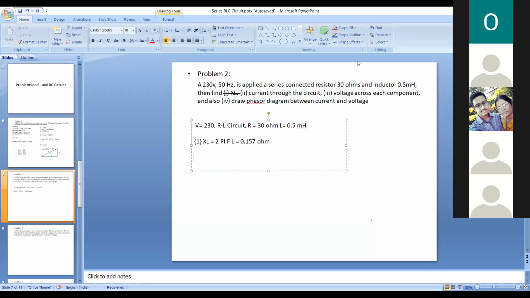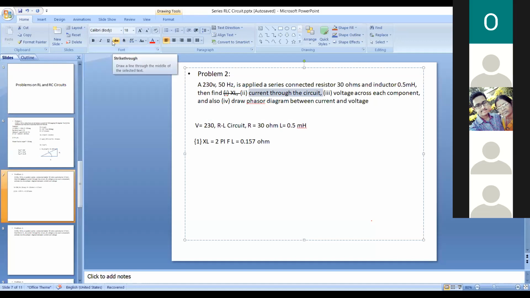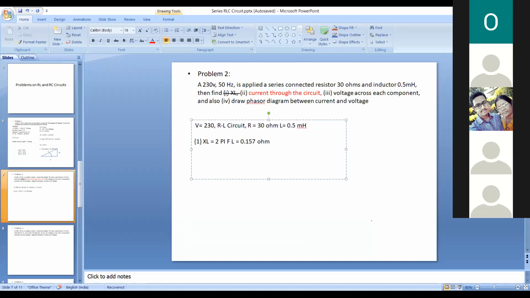Next, you find out the second part. Current through the circuit. How will you find current through the circuit? Ohm's law. So to find I, apply Ohm's law. That is V is equal to I into Z. Since you need to find current, I is equal to voltage by impedance, right?